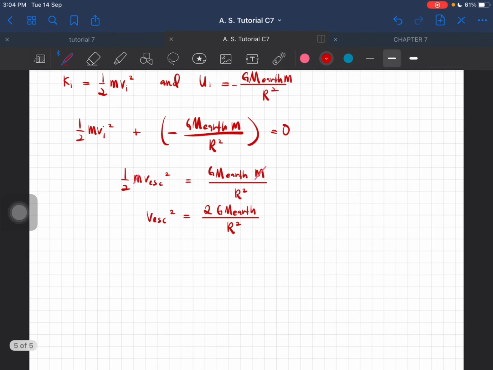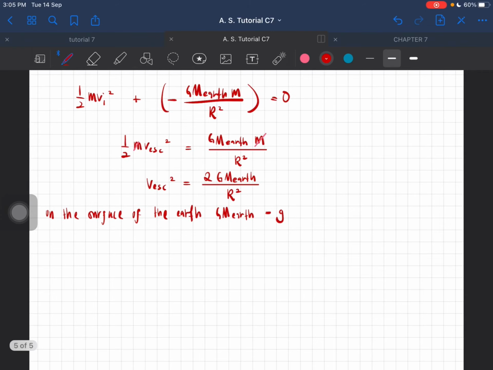Okay, and then we know that on the surface of the Earth, g is equal to 9.81.